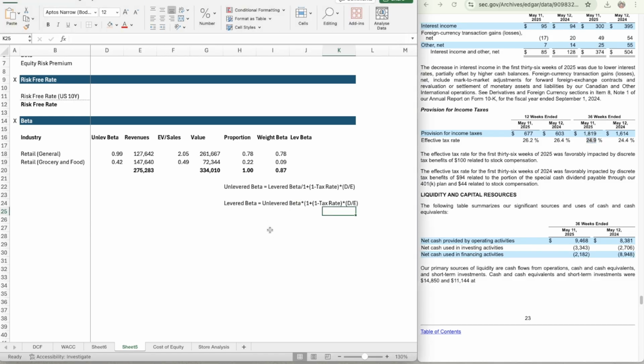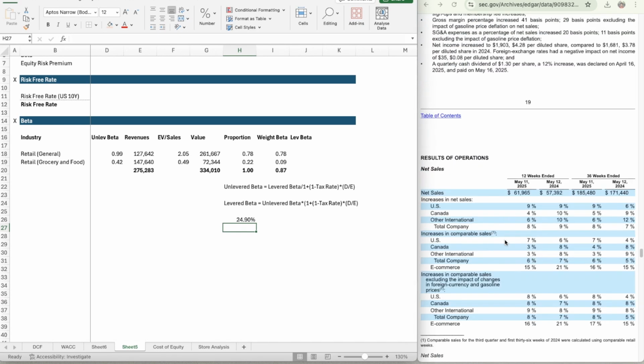Because Costco's financial year, I think, goes September to September. So it's about to announce its full year results. Once we've got this in the DCF, we're then going to see how they compare, and we'll put in the latest figures when that comes out. But we'll do both because it's a good company to analyze. So yeah, the tax rate is 24.9%.